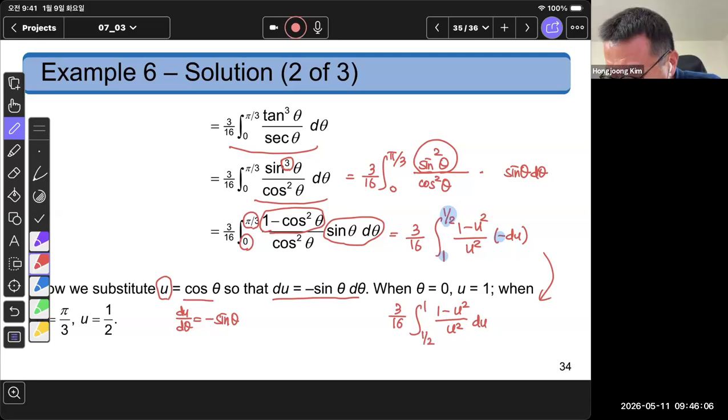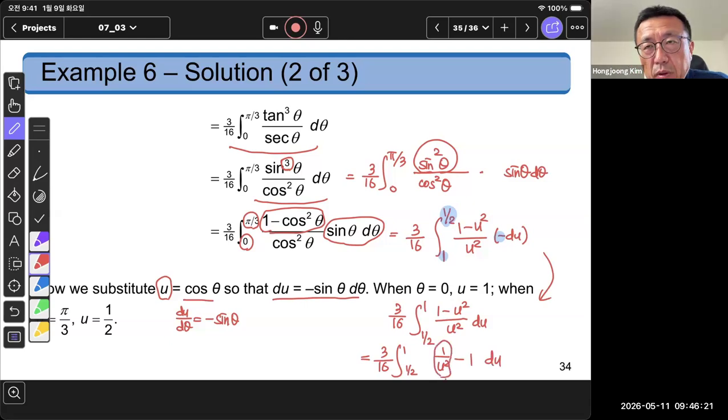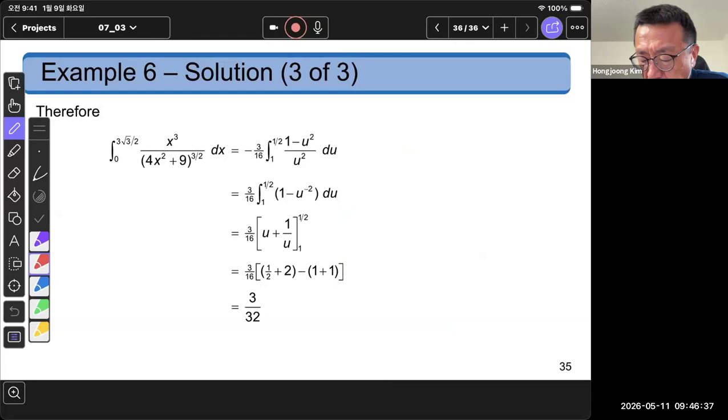Now that is simple because I have 1 over u squared minus 1 du. 1 over u squared is u to the negative 2 power, right? So if you integrate this, you get u to the negative 1 with a minus sign. And if I integrate 1, you get u.